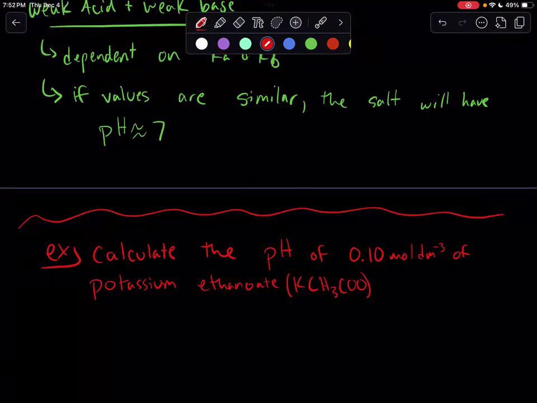And what we will also get for this equation, as we need it, is the Kb at approximately 298, which is equivalent to 5.6 times 10 to the minus 10th. This is, of course, for the ethanoate ion.